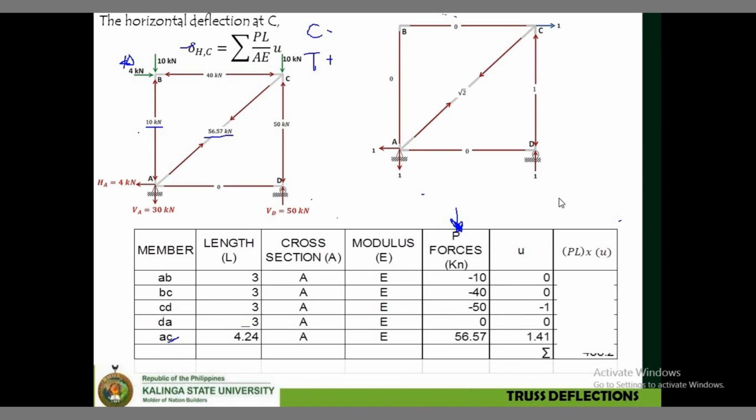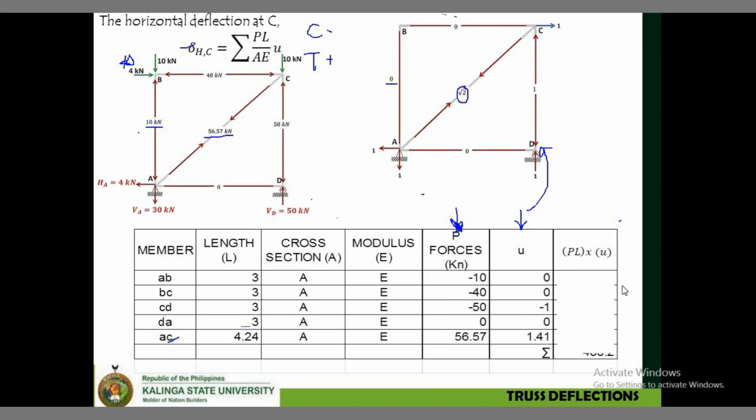Now, itong value ng U na to, yung mga values dito, galing yan dito sa may U system, or yung tinatawag nating imaginary, kaya virtual. So, itong mga values na to, AB 0, if you try to look at this diagram, si AB, 0 yung kanyang value. Si AC naman is square root of 2. Square root of 2 is equal to 1.41. Under tension si AC, kaya positive. Under compression si CD, kaya negative.